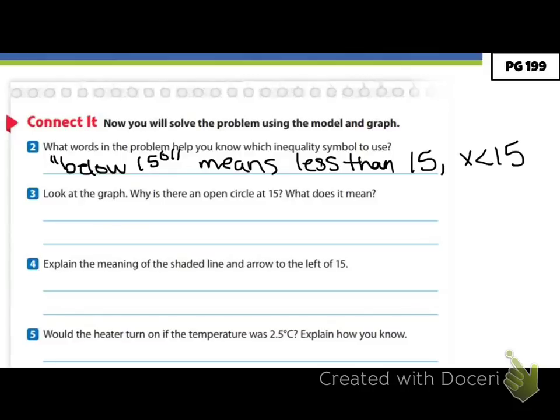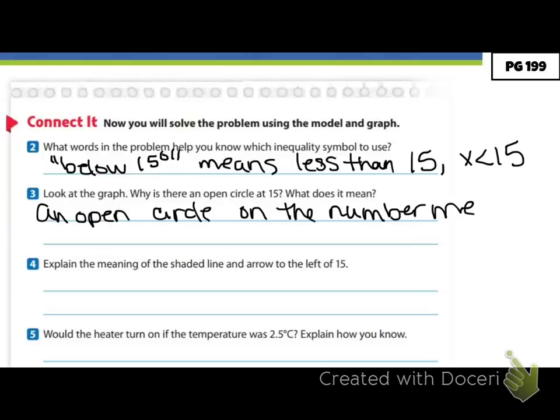Number 3, look at the graph. Why is there an open circle at 15? What does it mean? Well, I kind of mentioned this earlier. An open circle on the number means that the number is not included.